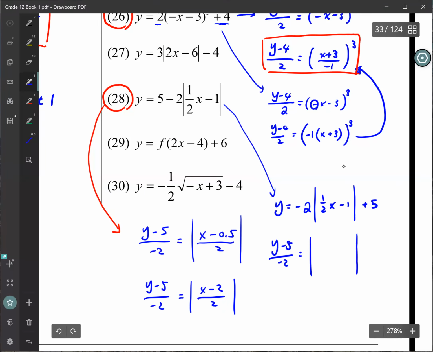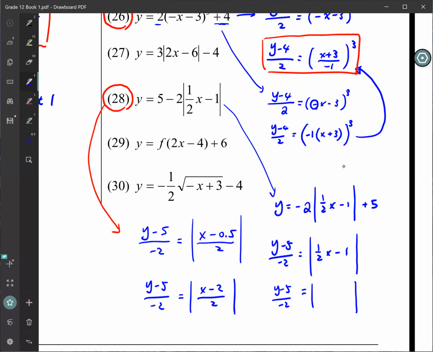Now the inside part is the tricky part. You have to have a single fraction. This is something that we talked about before. You need to get a common denominator. The 1 is like 1 over 1. So the common denominator will be 2. You write it as over 2, and the second number will be 2 over 2.